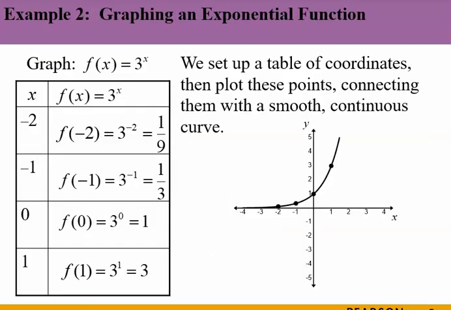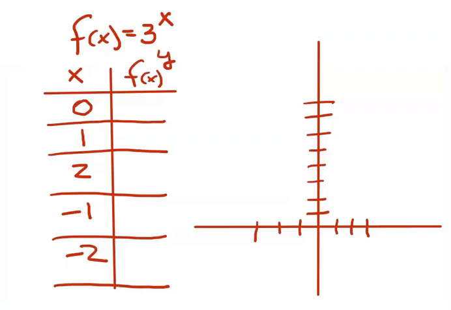Now, in example 2, we're asked to sketch this graph. So let's put it on our whiteboard. f of x equals 3 to the x power. So we get something that looks like this.